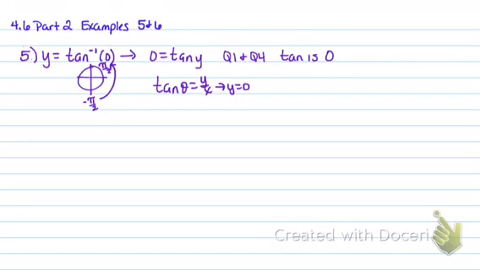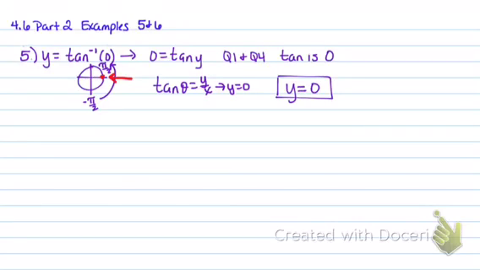So on your unit circle between negative pi over 2 and positive pi over 2, where is y going to be 0? That's going to be right there on the x-axis. So what is that angle right there? That angle is 0 radians. So our answer, y equals the inverse tangent of 0, is equal to 0 radians.